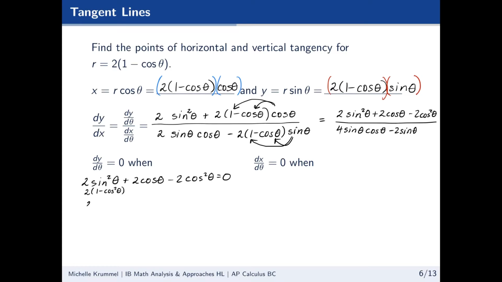So that's going to give me 2 minus 2 cosine squared theta plus 2 cosine theta minus 2 cosine squared theta equals 0. And these are like terms here. So 2 minus 4 cosine squared theta plus 2 cosine theta equals 0. This is a disguised quadratic.